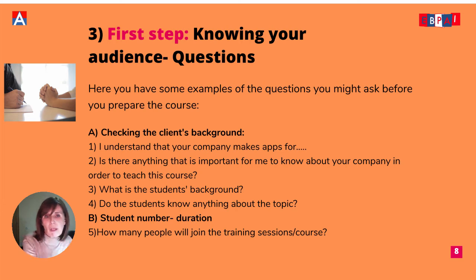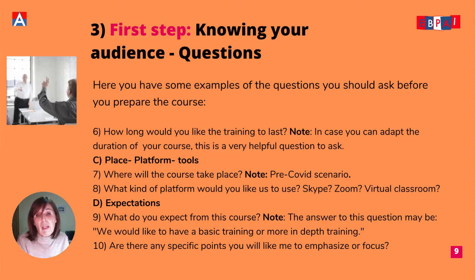So you will have to split this course in 3 sections, for example, and maybe the number of students is different. So all these details are very important for you, because this is the information that you need to have before you start writing the course.